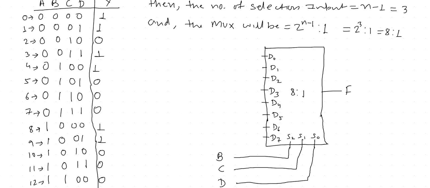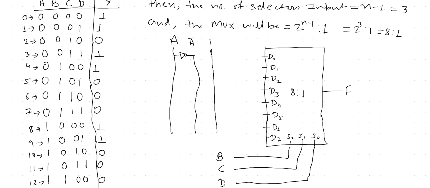So for connecting the diagram, we can take here, suppose there is A input, then a NOT gate, and this is the position for A bar. Then there is 1, and again there is a NOT gate, and this is the 0 line.